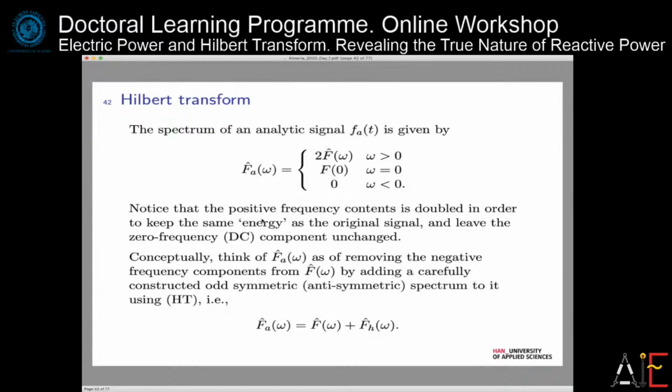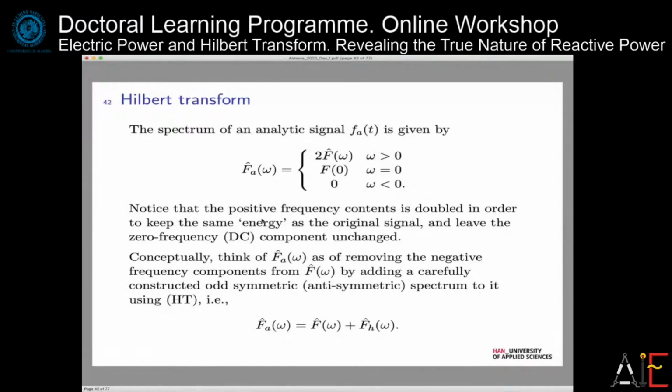So they just add a smartly constructed antisymmetric spectrum to your original signal, and what you remain with is your other signal. This is what the Hilbert transform is doing.